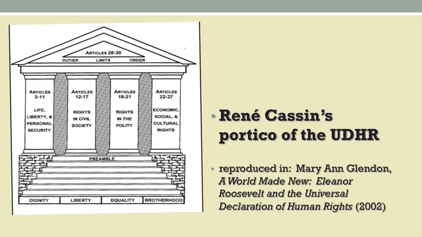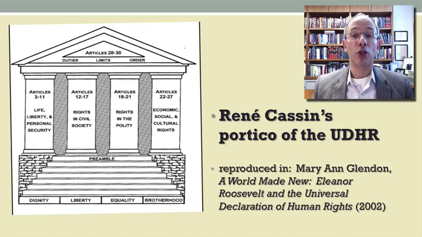One way of conceptualizing the relationship among the different provisions of the Declaration is René Cassin's portico of the UDHR. Cassin was one of the members of the UN Commission on Human Rights, and he was actively involved in the drafting of the Declaration.